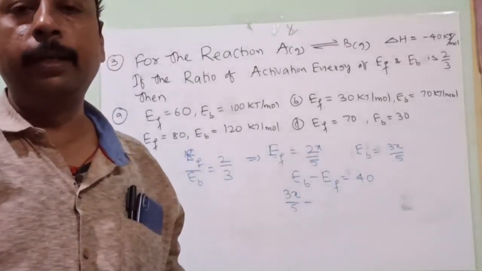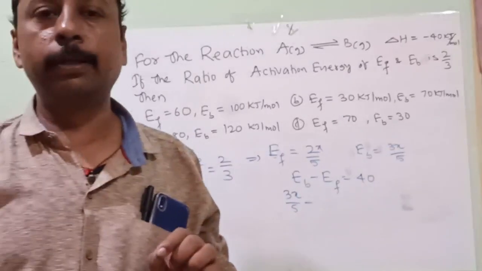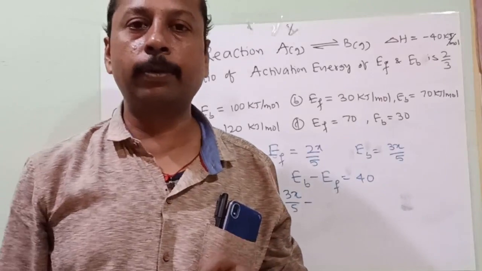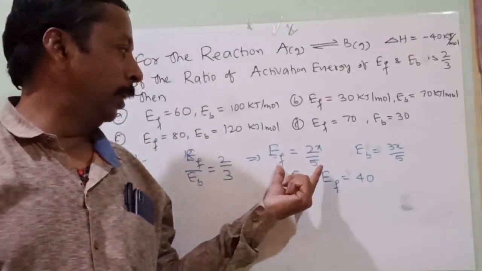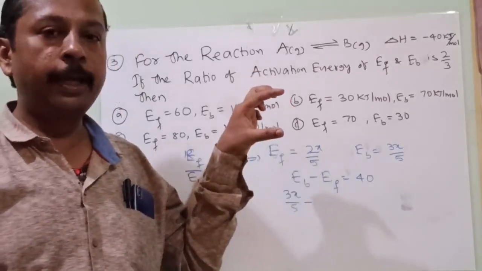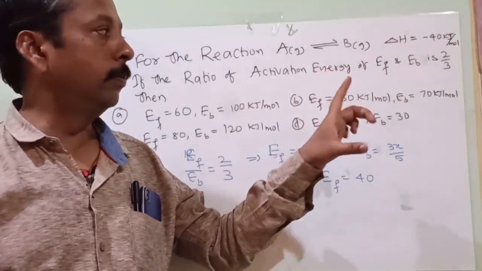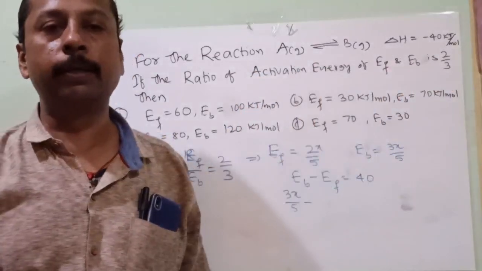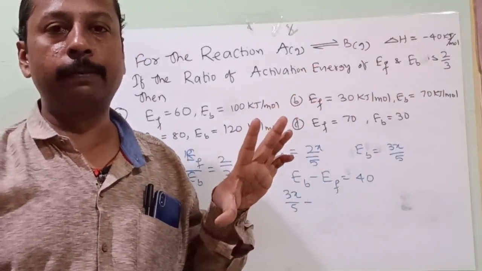For converting a ratio into energy, you have to take a common term. Here I have taken the common term x. EF is already from the graph I just explained: the EF gap was less and the EB gap was more. How could you come to know? Because it is exothermic. In the backward direction it is endothermic, so it requires more activation energy.